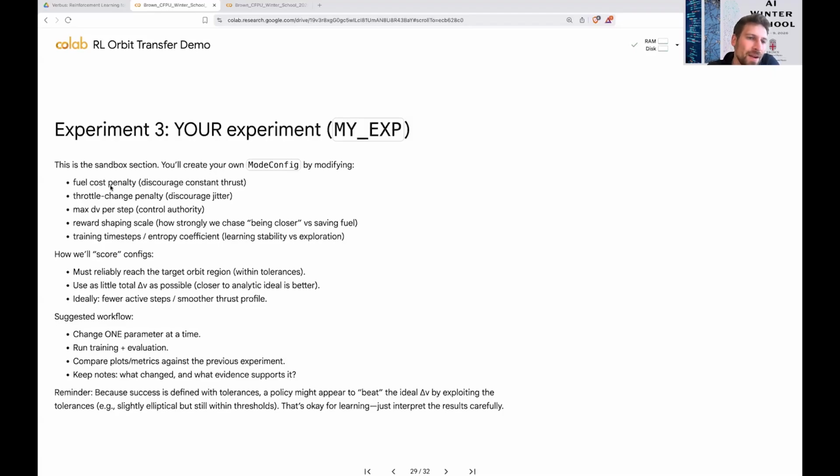The idea here would be you can choose continuous or discrete, change some of the reward parameters and the fuel cost penalties, etc., and then rerun it and see if you can do better.